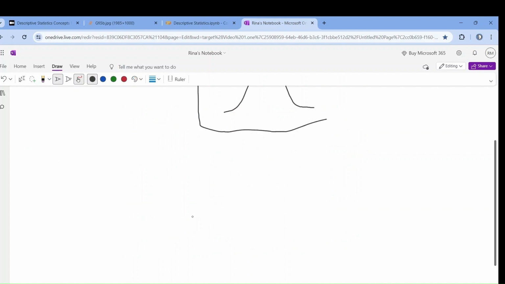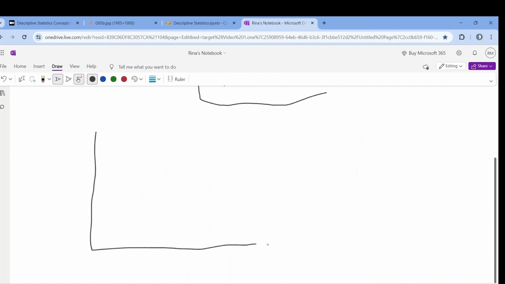Let me show you. If it looks like this one, that means this tail is longer and this one is also longer. Tails are longer and it is also highly peaked. Then you can see this is high kurtosis.